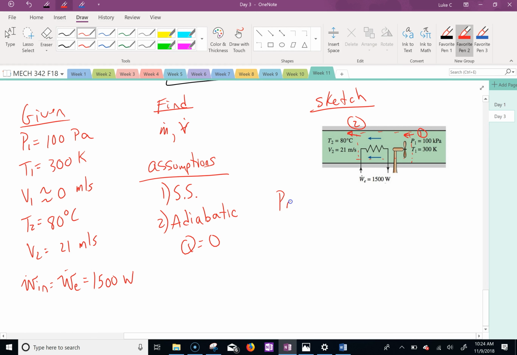And I also made it properties. CP is 1005 joules per kilogram K, and R is 287 joules per kilogram K.